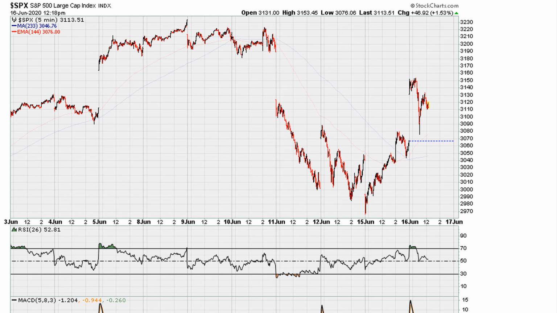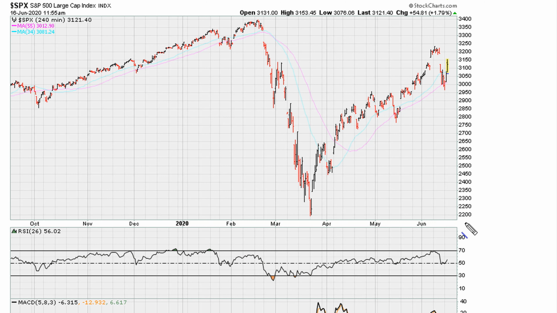We'll show you a couple of lines. So line number 1 is this line here. And you can see how this was the line connecting the previous lows on the 4-hourly. With these lows here, connecting the lows throughout this process here.